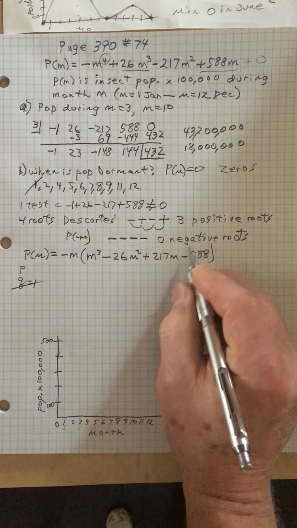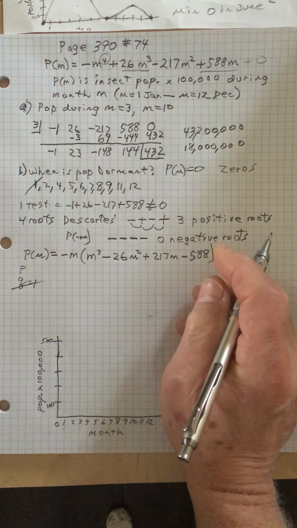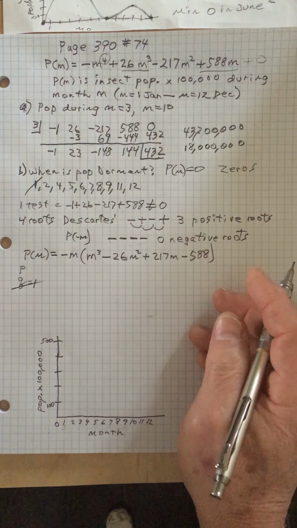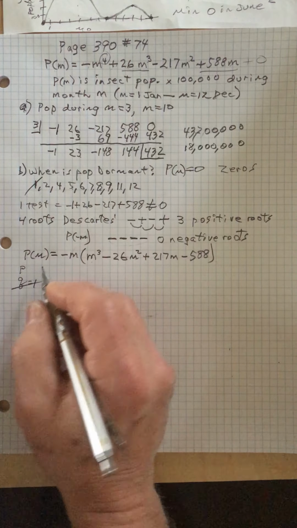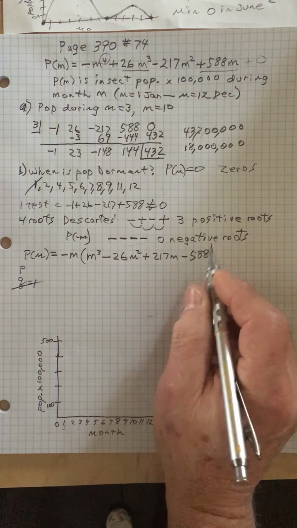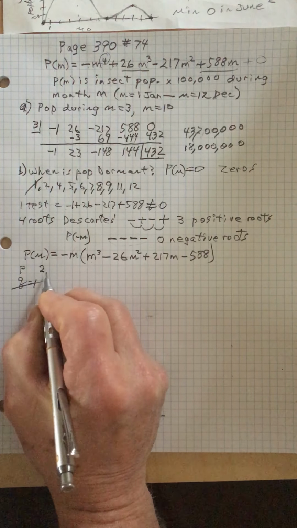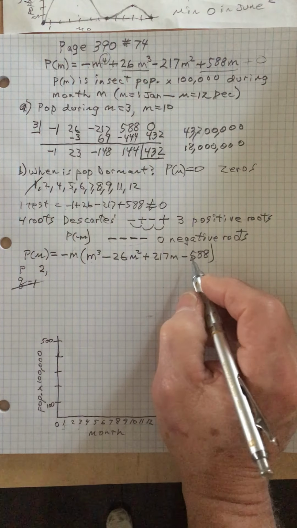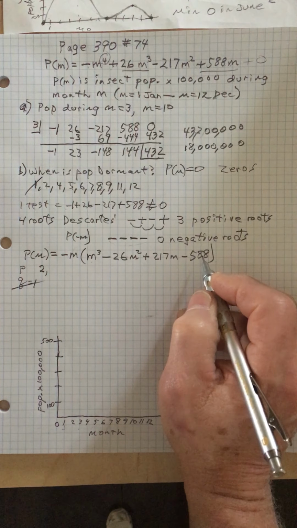Take a look at these here. Factors of minus 588, we want positive factors only. So what are those factors? Well, there's a lot of them. 2 goes in here, and we're interested in 2 because that's even. So 2 is a possibility. 3, if we divide 3 into here, it's not going to go.